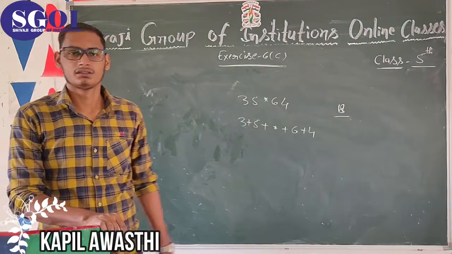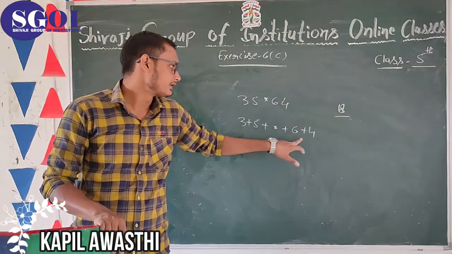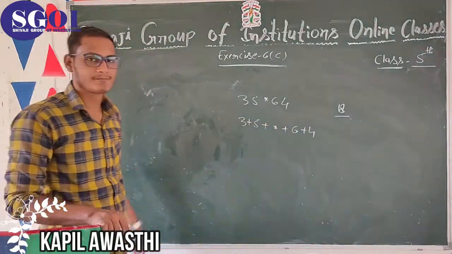Okay. Which number do we have to add to get divisibility by 3?